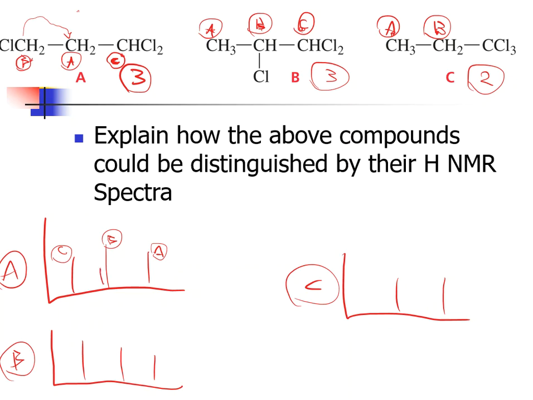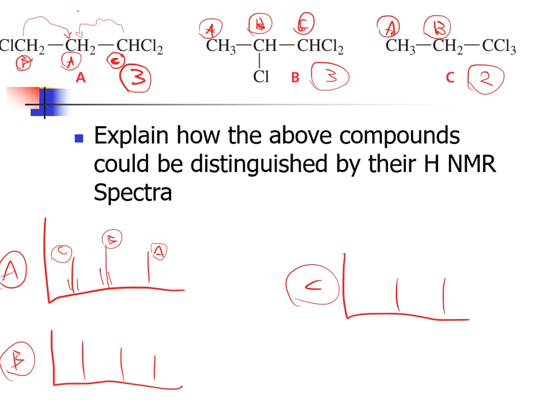So B will be a triplet here. And then if I look at the right-handed carbon, that has a proton on it. It gives me a signal. And then this is going to be a, how many kids do you got? And they're going to say 2. So 2 plus 1's 3. So that means that the C signal will also be a triplet.